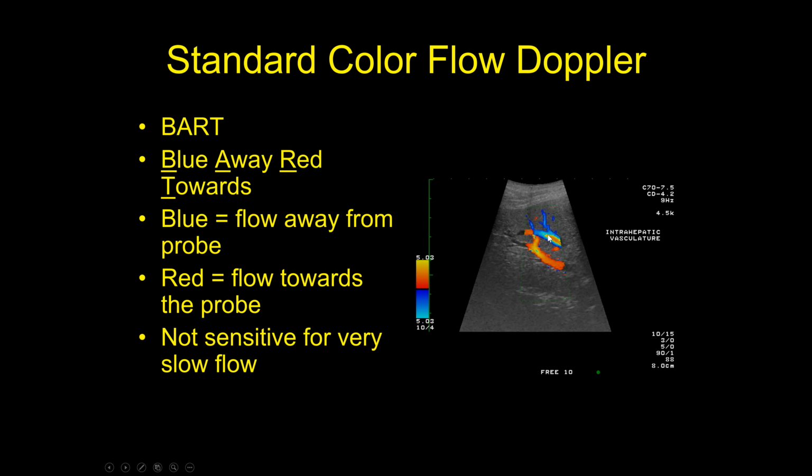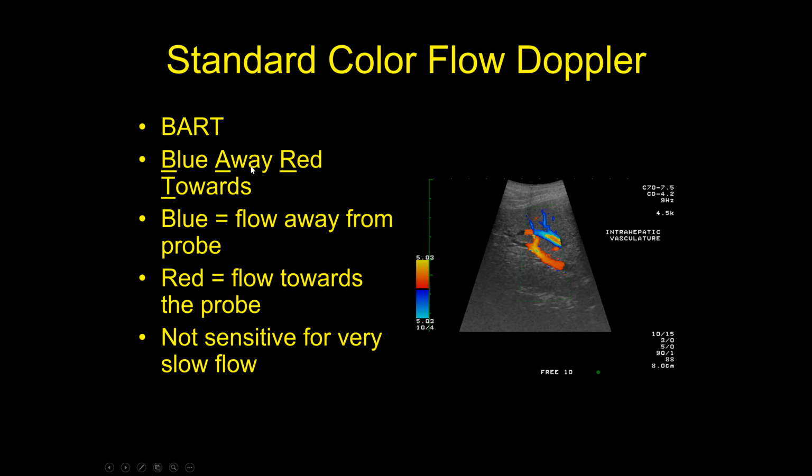Anything that shows up blue on the ultrasound, blue means away. So the direction of blood flow inside this vessel is going away from the probe, blue away. The direction of flow in this vessel is going from the top to the bottom, away from the probe.